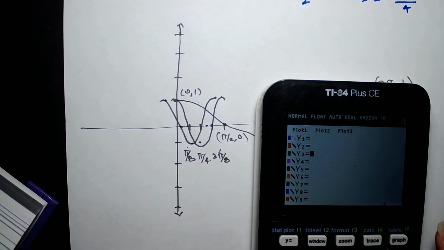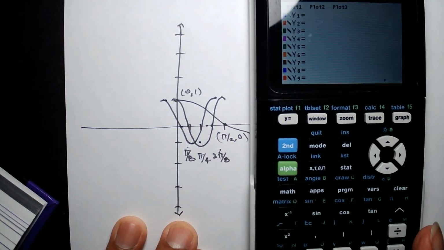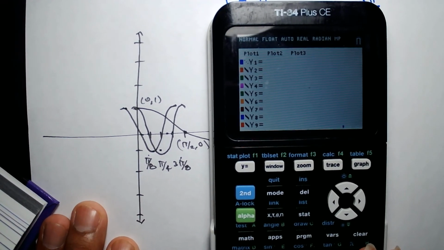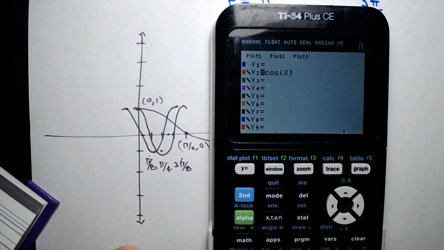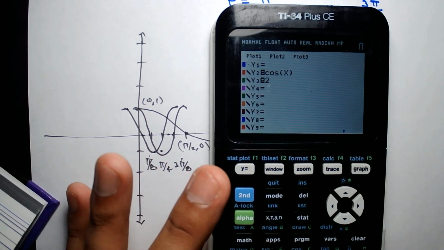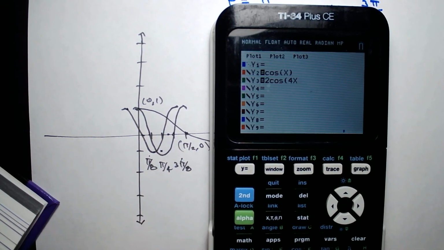Okay, so I'm going to have first the original cosine function, cosine of x, and then 2 cosine of 4x plus 3 pi, and then plus 1.